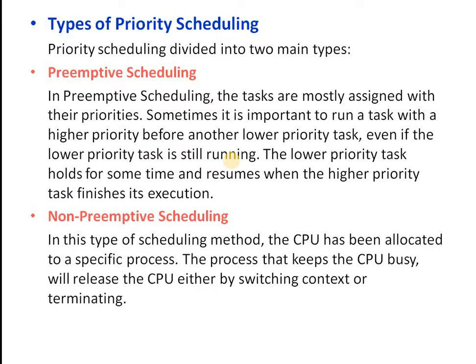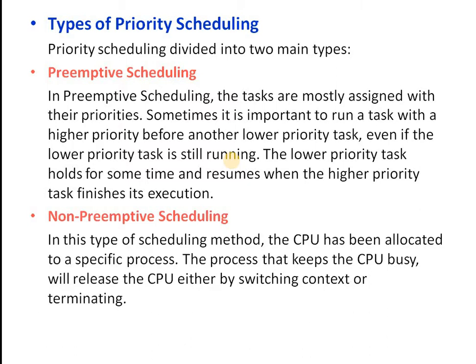And next, the non-preemptive scheduling. In this type of scheduling method, the CPU has been allocated to a specific process. The process that keeps the CPU busy will release the CPU either by switching context or terminating the program.